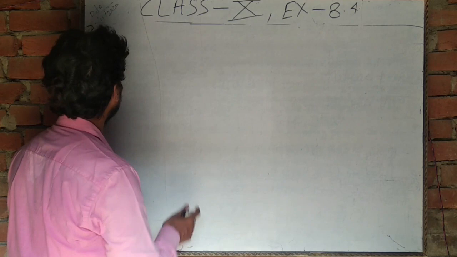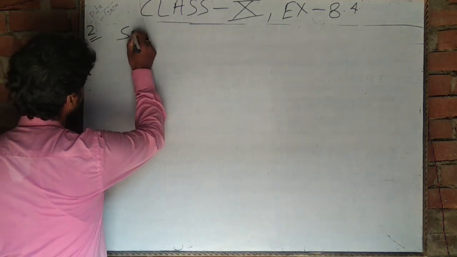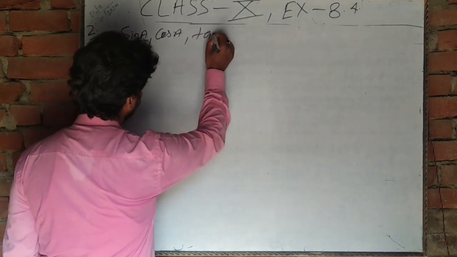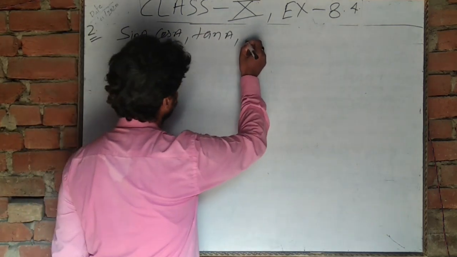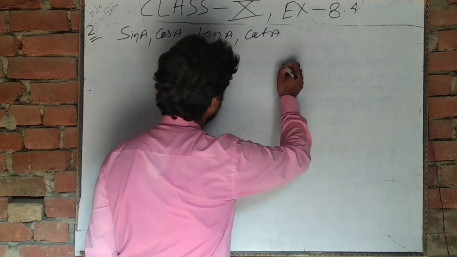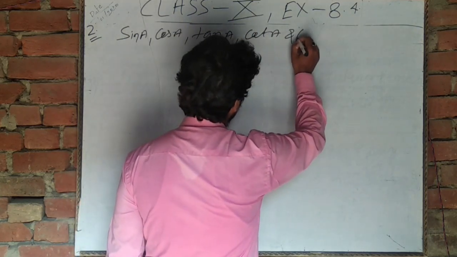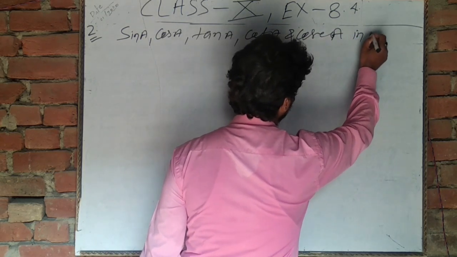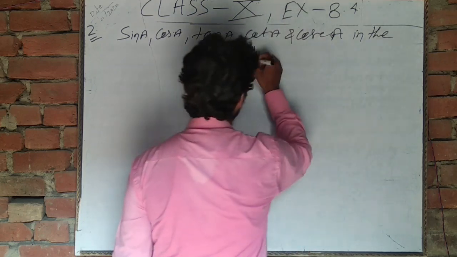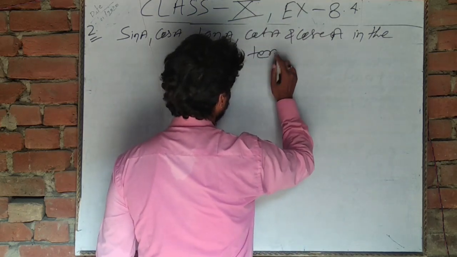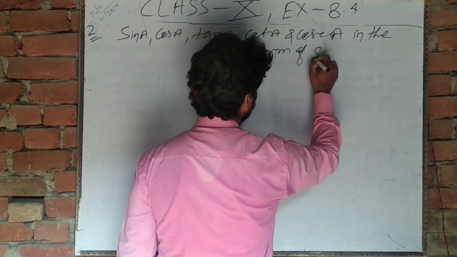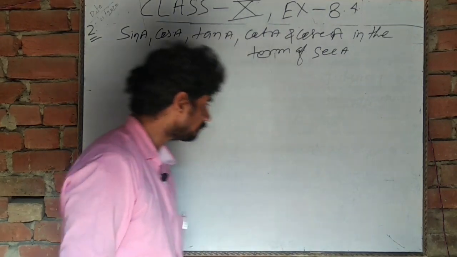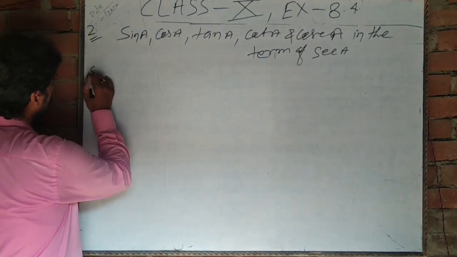We are going to write all ratios, that means sin A, cos A, tan A, cot A and cosec A in terms of sec A. Solution.